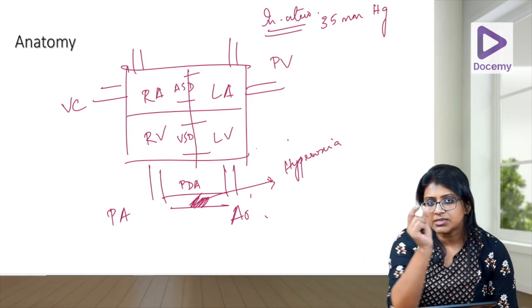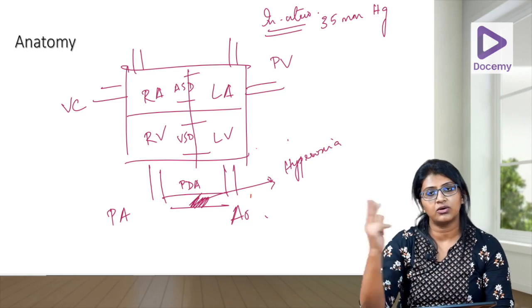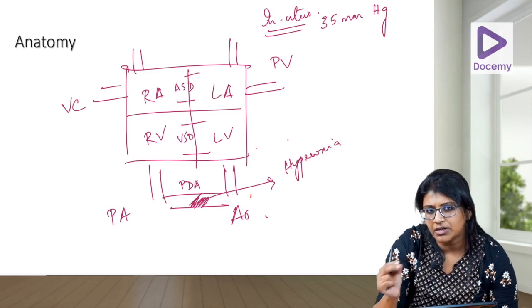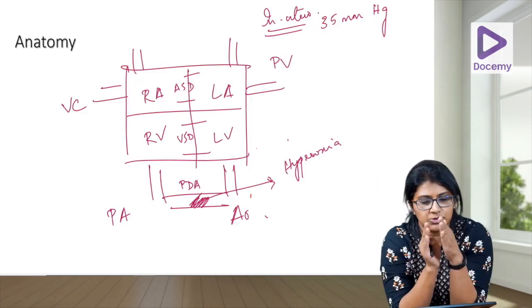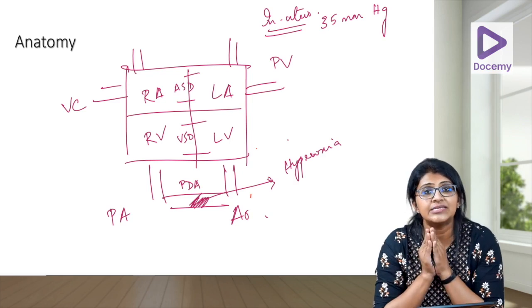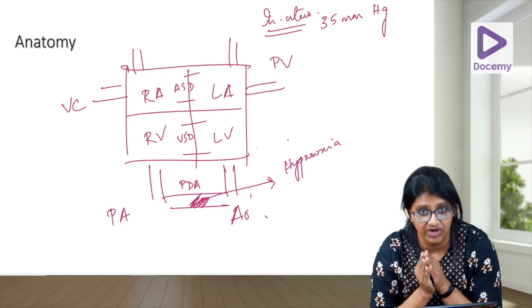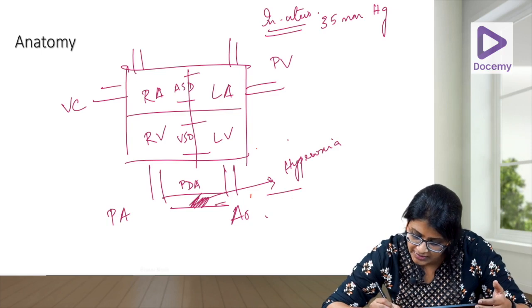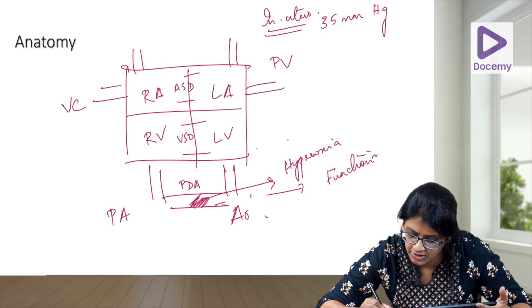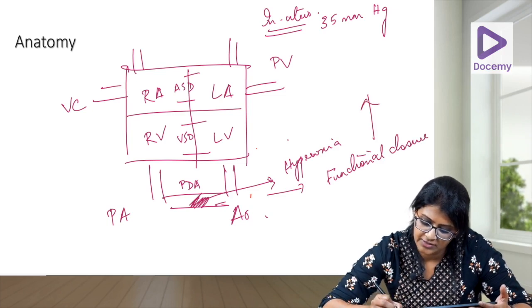Now this is just a constriction so that the flow across the PDA reduces. The aorta is not going to shunt blood into the PDA because it's now functionally closed, but the PDA begins to physically close by day 3. Initially there is a functional closure, and this functional closure will occur by 3 days.